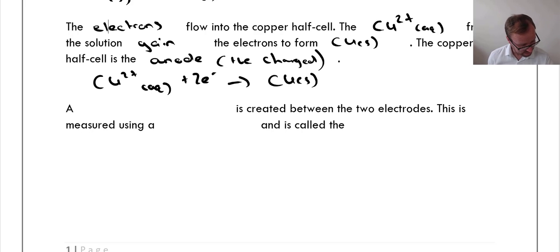So, as we just said, a potential difference is created between the two electrodes.